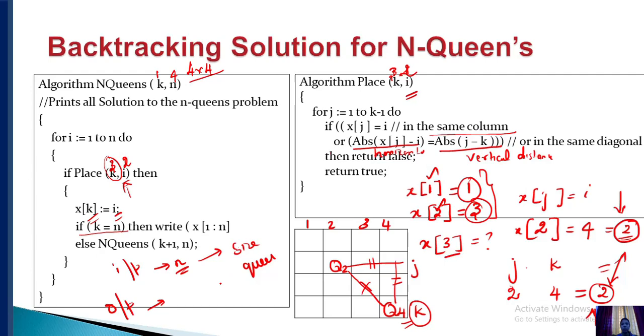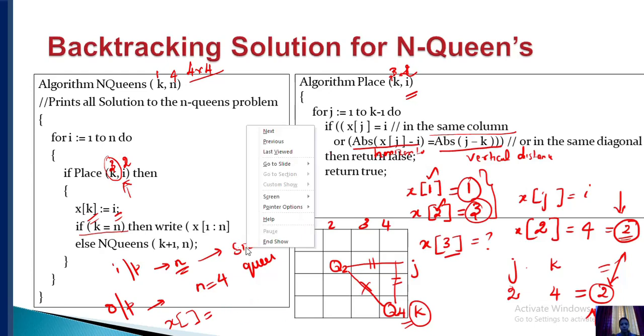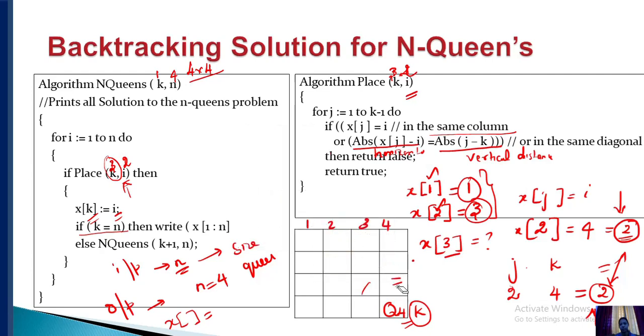Here we have taken the n value as 4. Then the output will be this X array. If you remember in the previous slide, we found the solution for 4 queens that can be placed in this 4x4 chessboard, right? What was the solution we found? The first queen we place here, the second queen here, the third queen here, and the fourth queen here, and none will clash or attack any other.